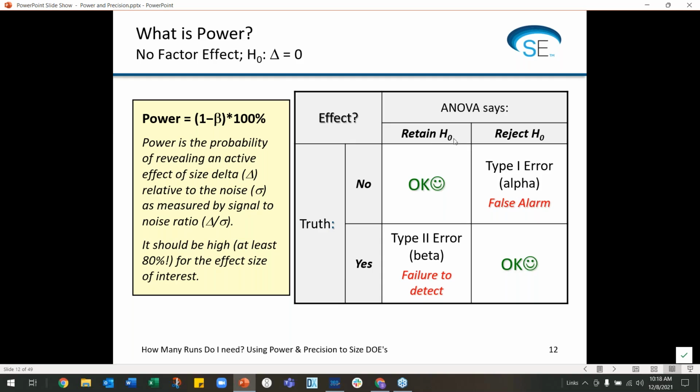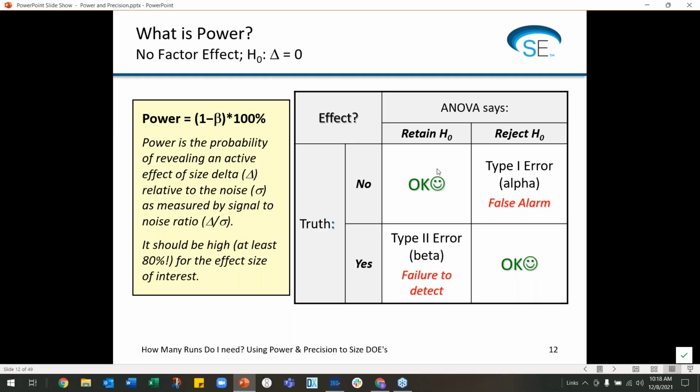Okay, how about the other side of things? Let's say that the ANOVA says to retain the null hypothesis. That means there's no effects. If that's the truth, then that's good. Again, we've made a correct decision. This would be great if you are trying to do a validation design or a verification study where you're trying to prove that maybe your final process is stable and does not have any variation to it, and you're looking to demonstrate that there are no effects in your system.